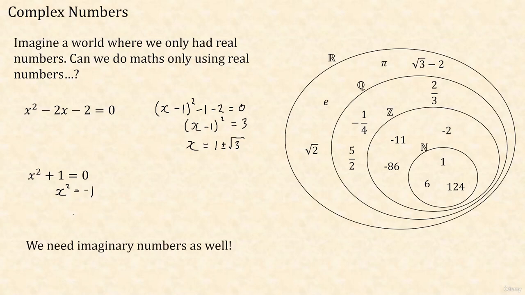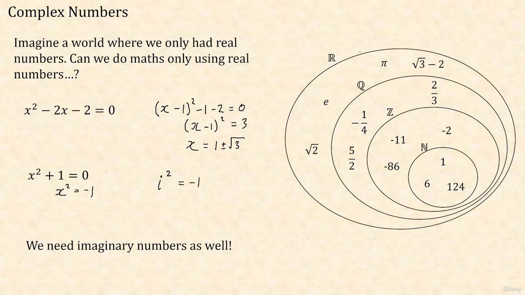We need imaginary numbers. So the first imaginary number, the one that everything else is built out of, is the answer to this question. And obviously when you square root something you get plus or minus, but I'm going to stick to the positive one. By definition, we say that i squared is negative 1. i is the imaginary number, and when you square it, you get negative 1.